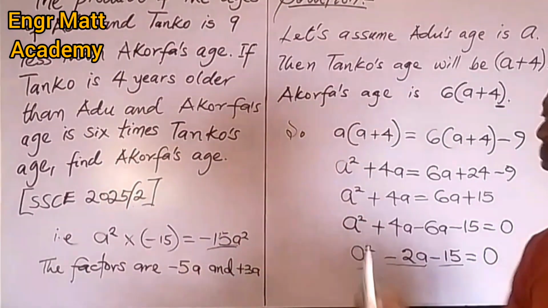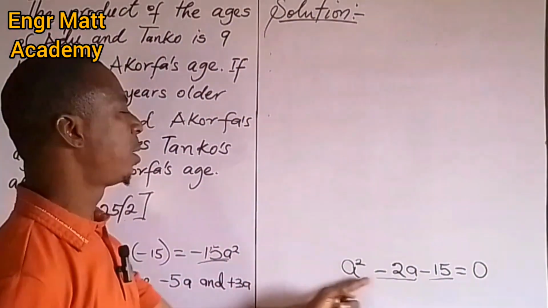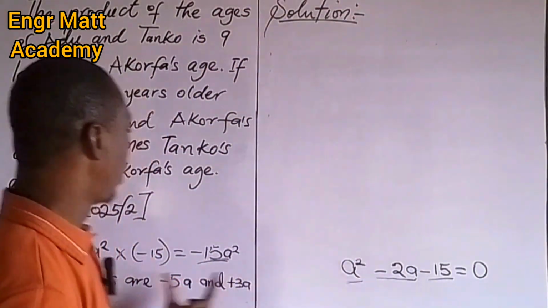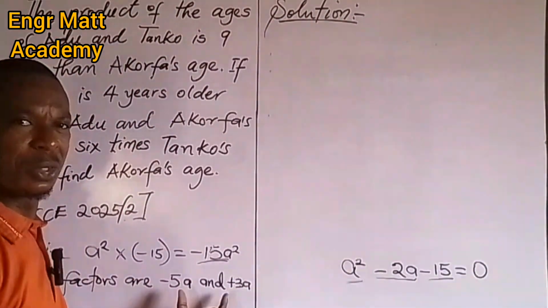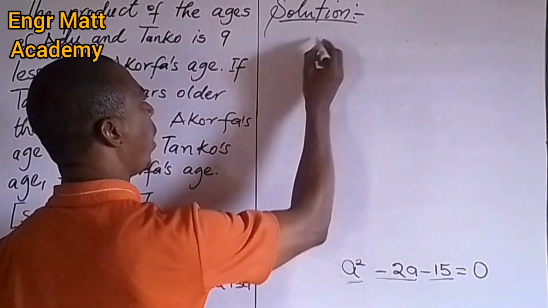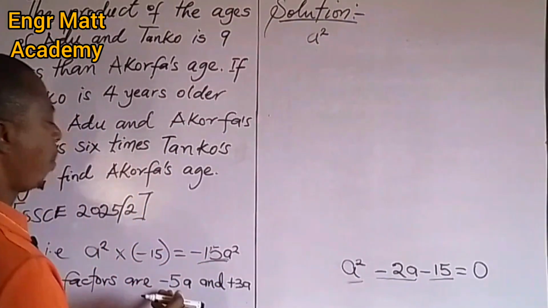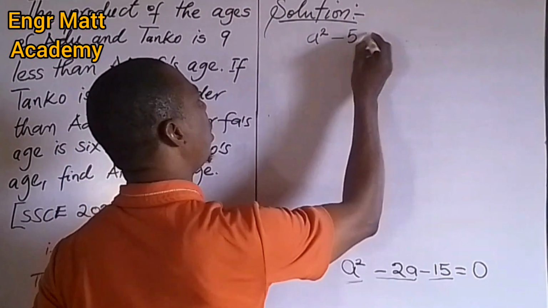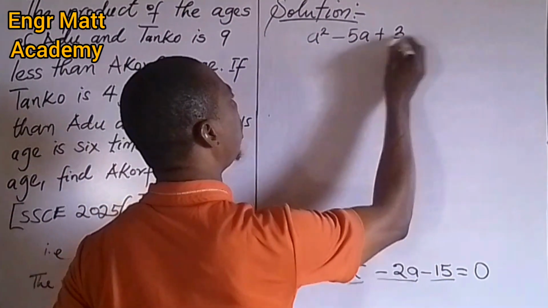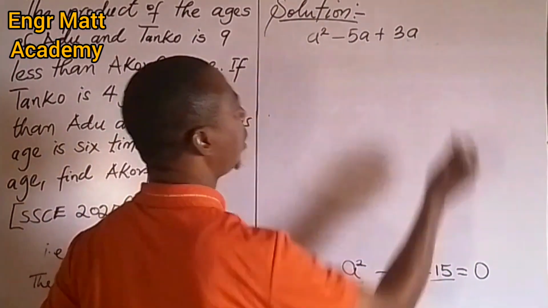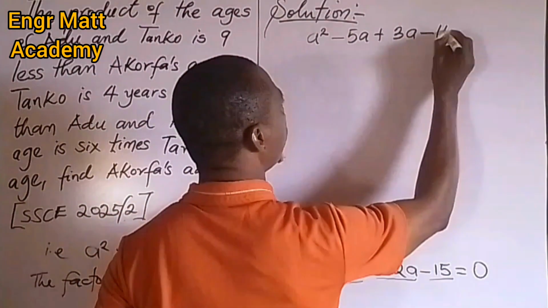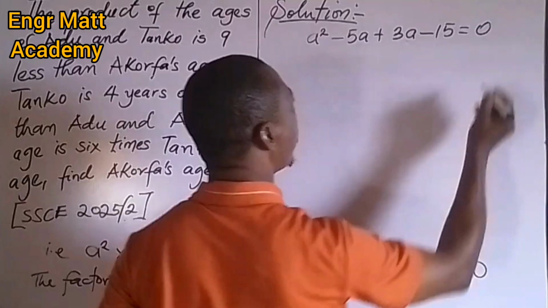So let's continue. We now rewrite this equation using these two factors. So we have a squared, and instead of minus 2a, we say minus 5a plus 3a, then the constant, minus 15, equal to 0.